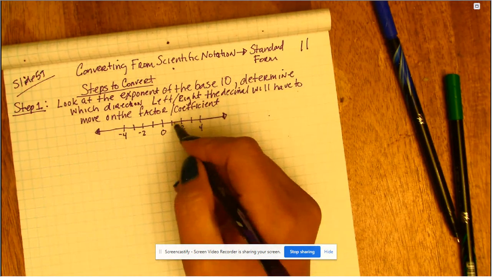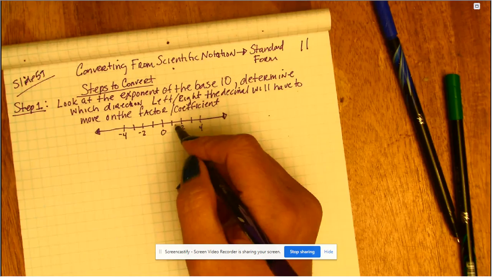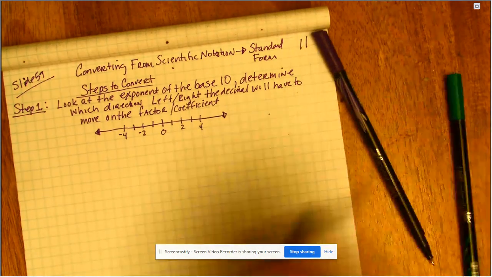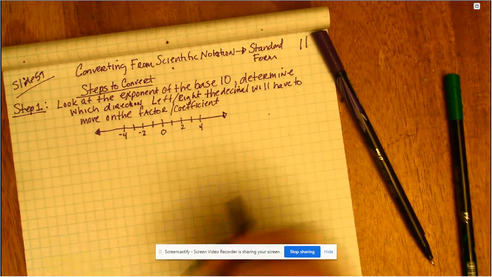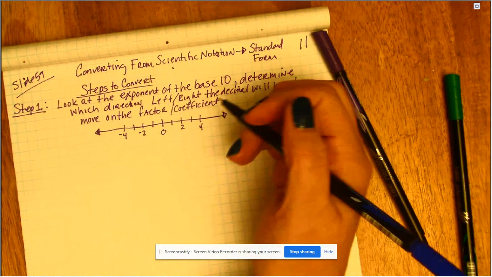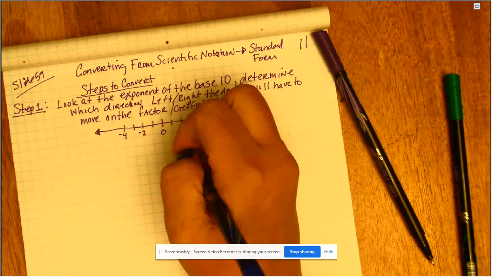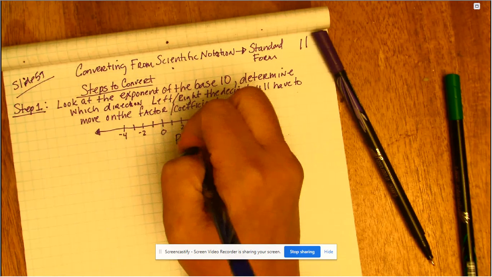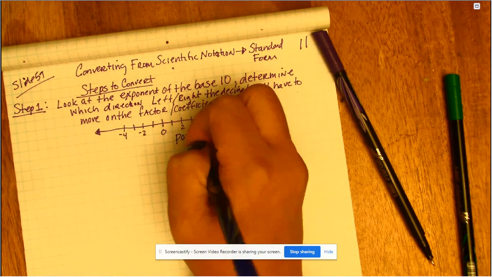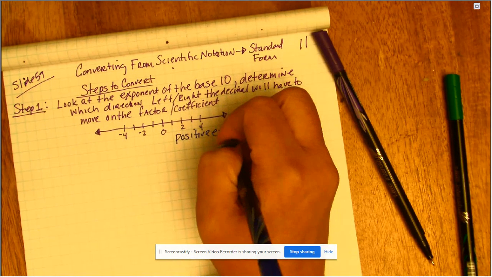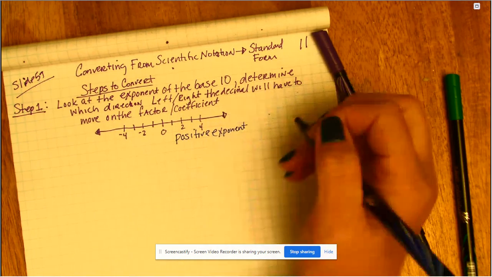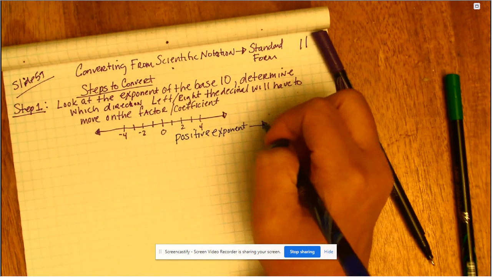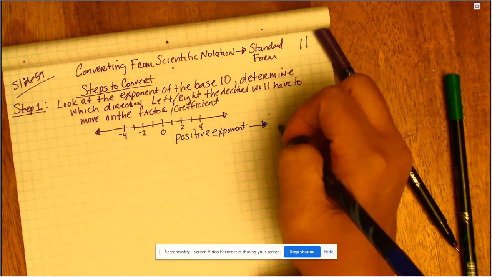If you have an exponent that's positive, that means that we have to add value back in. So if it's a positive exponent, your decimal will move to the right.